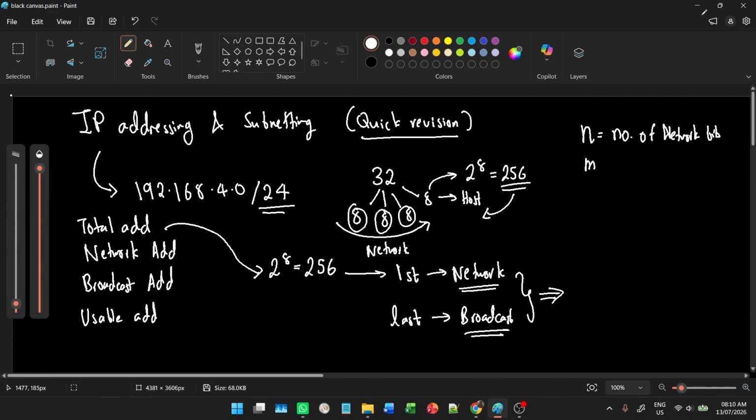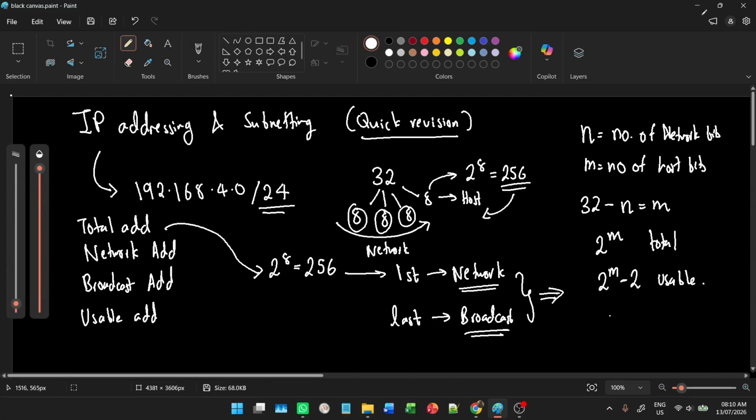And m is the number of host bits. So the connection between them is 32 minus n is always going to be equal to m. So to find the number of total addresses, we do 2 to the power m, right? That is total. To find usable, we do 2 to the power m minus 2. That's going to give us usable, right?